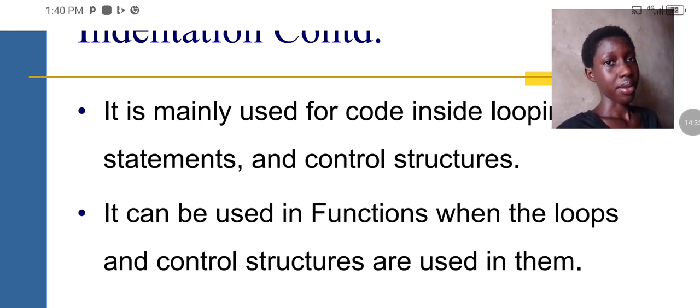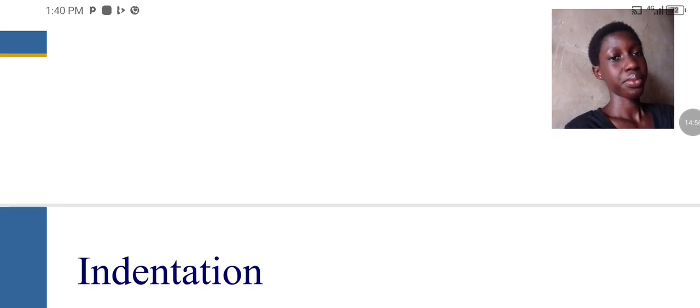So codes that are to loop, let's say a program or a function or a statement, that's when indentation is mainly used, and for control structures. It can also be used in functions where the loops and control structures are used in them, as I said as well.